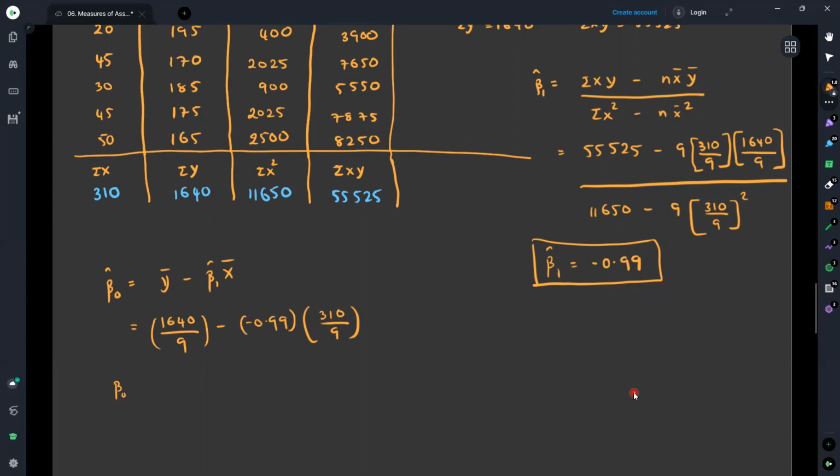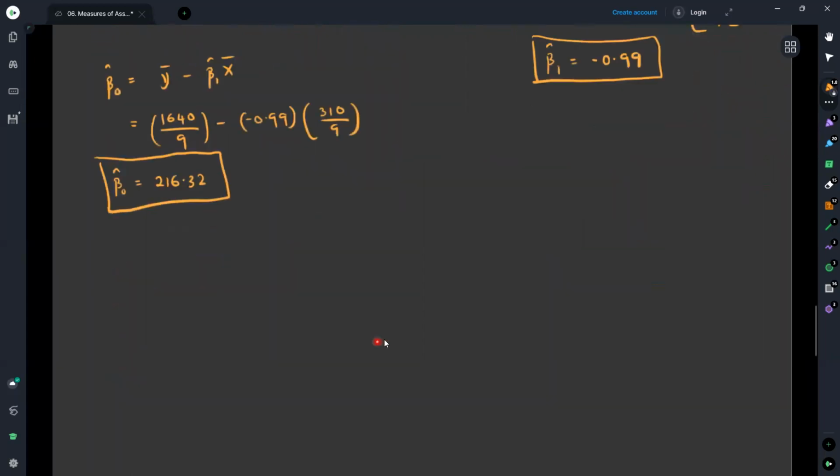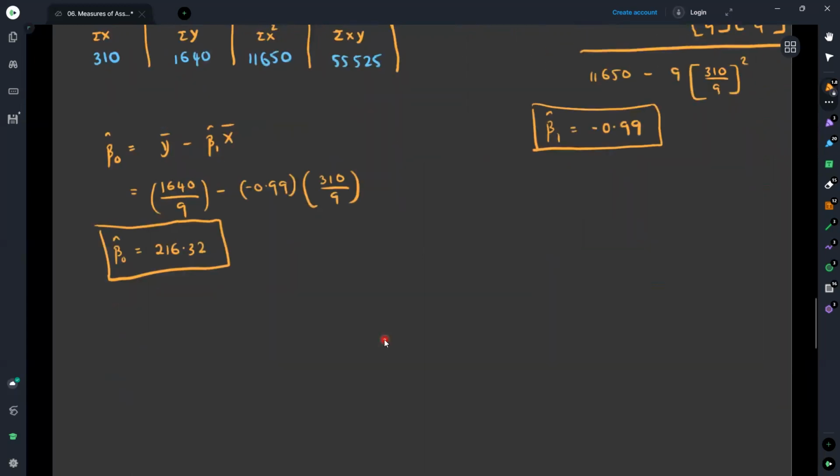Performing this calculation, you will get the value of beta naught hat as 216.32. Therefore, by combining the values of beta naught and beta 1, you can construct the model where y equals beta naught hat plus beta 1 hat times x.